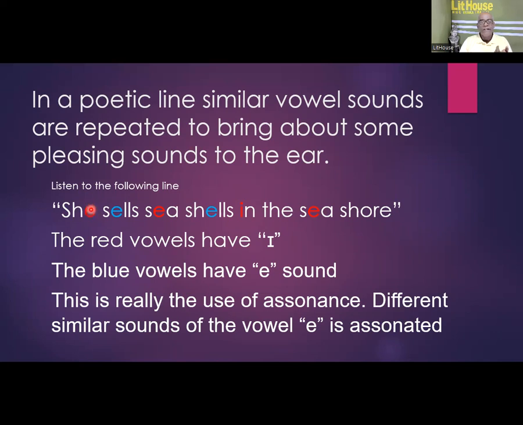Now, she. What is the vowel? Letter E. What is the sound? Also E. Sells. What is the vowel letter? E. What is the vowel sound? A. See. What is the vowel letter? E. What is the sound? E. Shells.